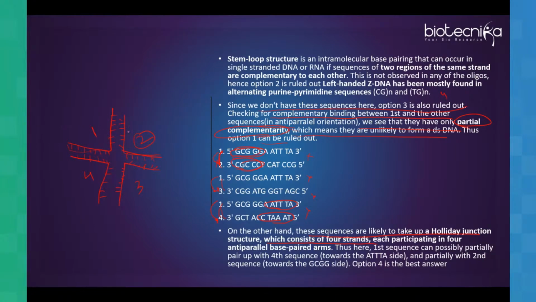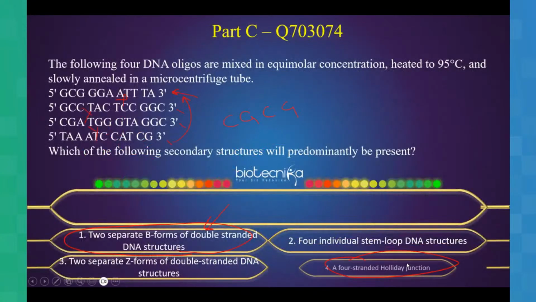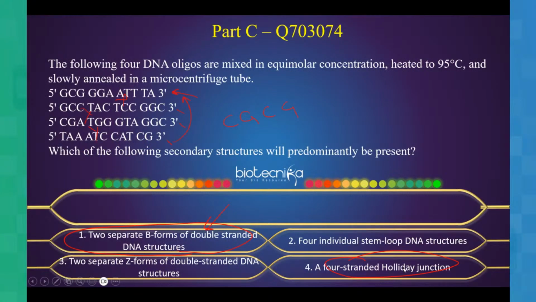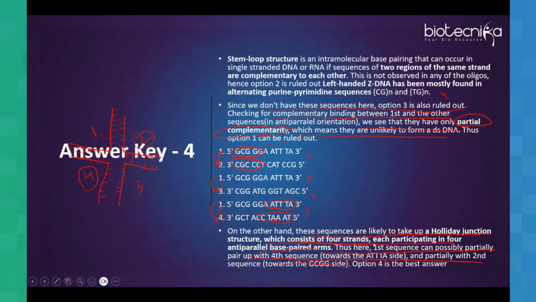For 1 and 2, you can see the first half they are having binding, and the next half is having binding with 4. So these sequences are likely to take up a Holliday junction structure which consists of 4 strands, each participating in 4 antiparallel base-paired arms. Thus, here the first sequence can possibly partially pair up with the fourth sequence and partially with the other sequence. So option 4 is the best answer, that they would form a Holliday junction. I hope you people are getting this part.